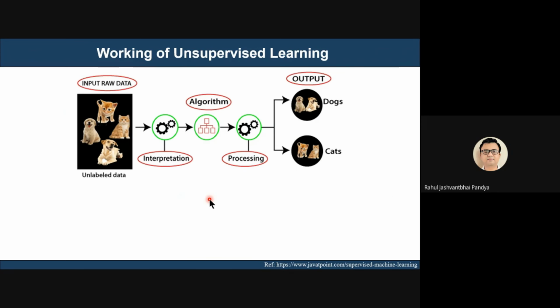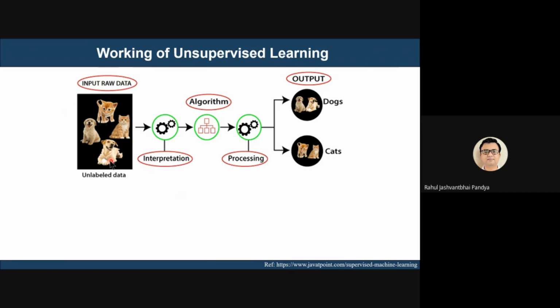Let's take a look at the workflow of unsupervised machine learning. Let's say we give the input raw data to the model, and there are no labels or features given as input, only the raw, unlabeled images. The model will try to identify patterns, let's say based on dimension. Generally, a dog will have a larger dimension than a cat.